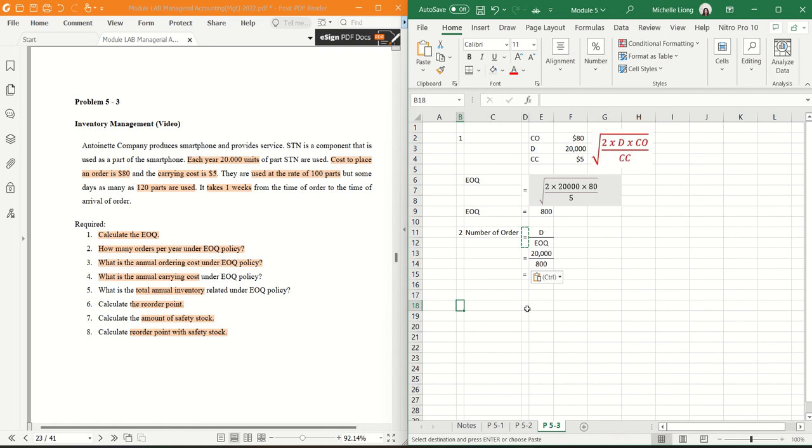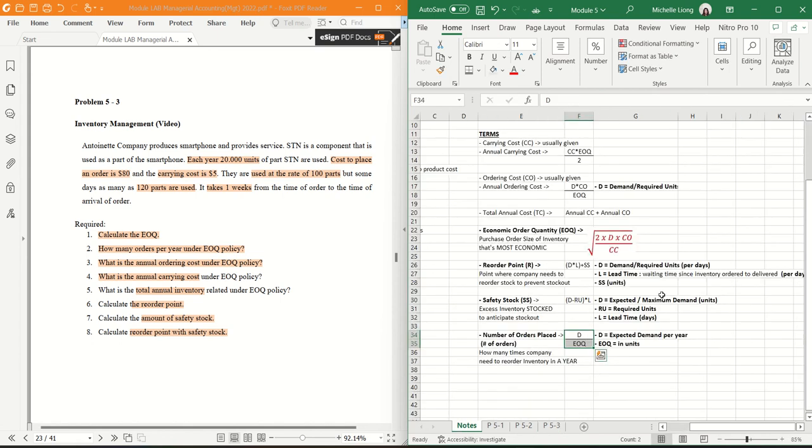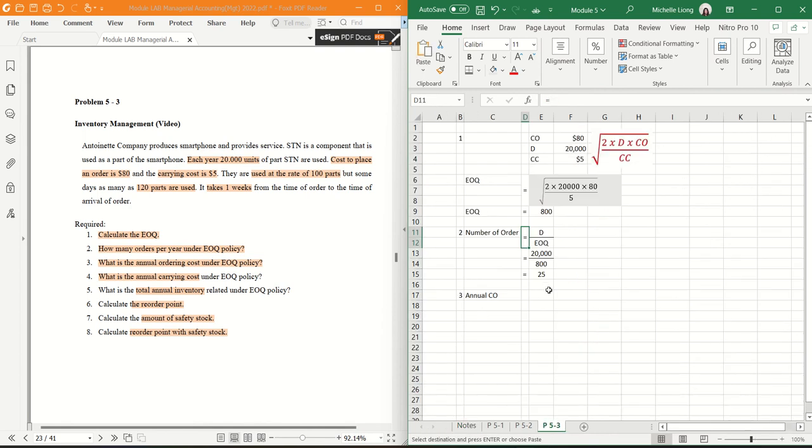Number three is the annual ordering cost, or CO. Taking the formula, D, which is 20,000, times CO, which is $80, divided by your EOQ, which is 800.